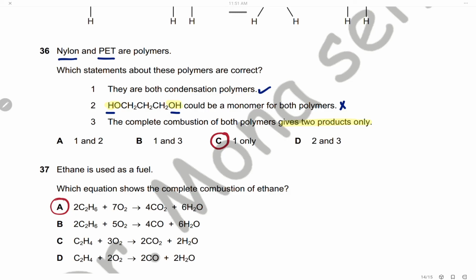So it needs to react with a monomer which contains an amine group, which is NH2, and not an OH group. Statement 3. The complete combustion of both polymers gives 2 products only. This is also wrong because nylon contains nitrogen, so it will not give 2 products only. The only correct statement is 1, so the answer is C.